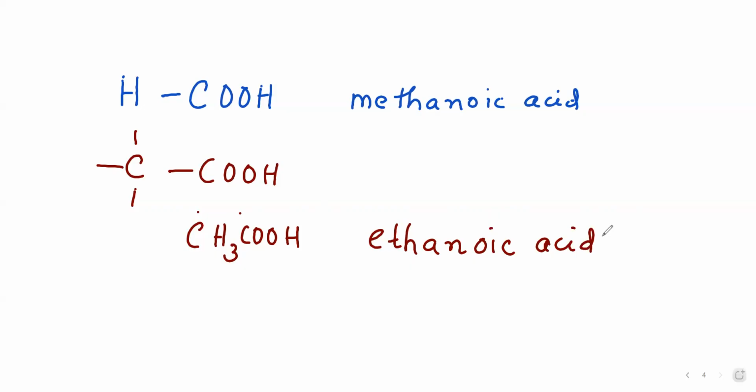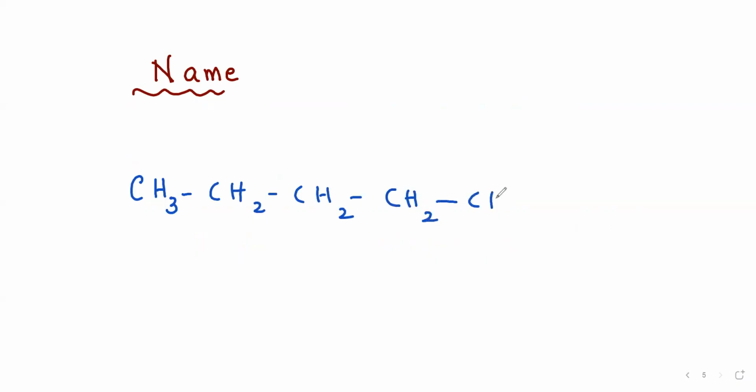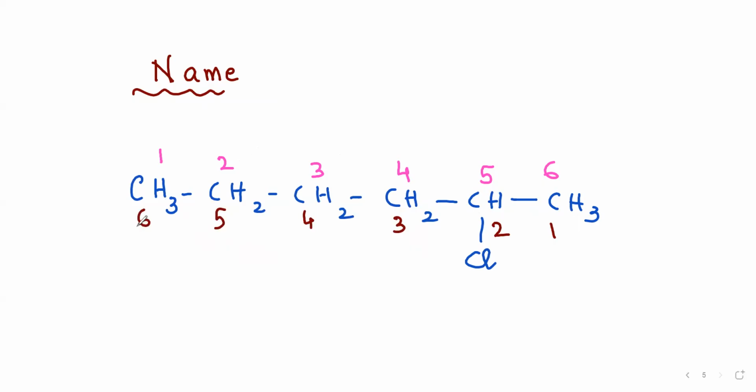When we are naming, first you need to take the longest chain. For example, CH3, CH2, CH2, CH2, CH, CH3, and here I have a substituent. I have to find the longest chain. Number 1 to 6 one way, and the second way is the reverse, 1 to 6.